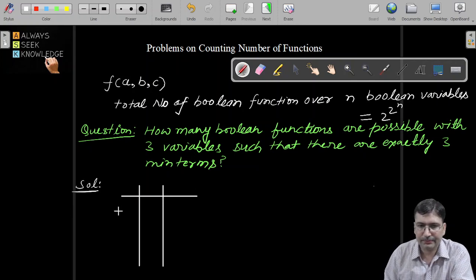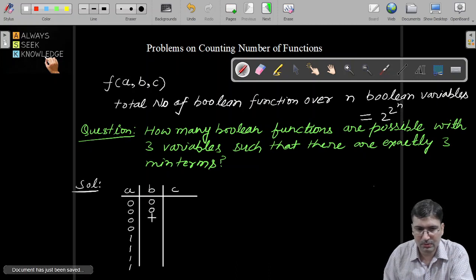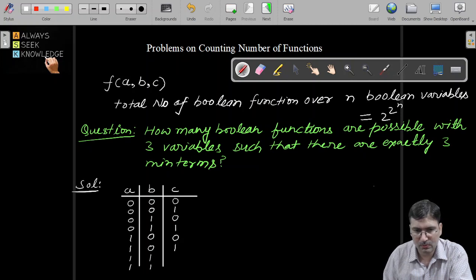So let's say the 3 Boolean variables I am considering are A, B and C. The combinations are 0 0 0 0 1 1 1 1, then 0 0 1 1 0 0 1 1, and 0 1 0 1 0 1 0 1, right?